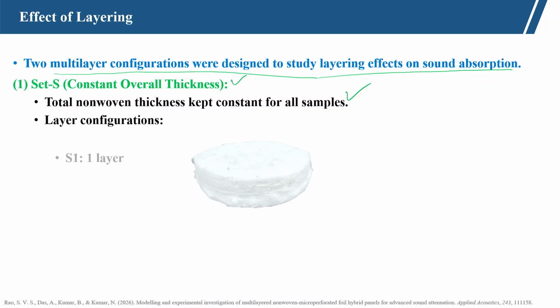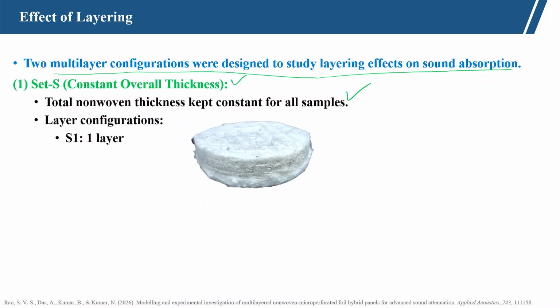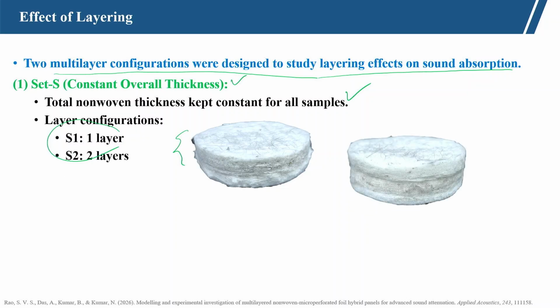Layer configurations, you can see: S1 is the one-layer fabric, where we have kept a certain thickness. Then we have done the two-layer S2, same thickness was kept, but there are two layers.